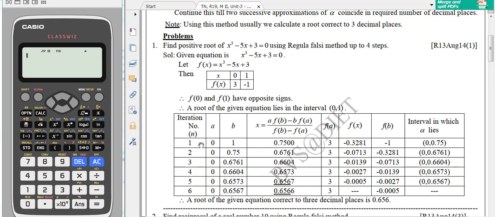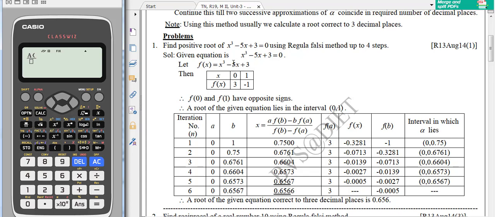Now let me explain the usage of the calculator in doing problems on the regula falsi method. In each iteration you need to calculate x and f of x values. To calculate x value, you need to use the formula a f of b minus b f of a by f of b minus f of a. So to get a, you press alpha a, and then f of b.